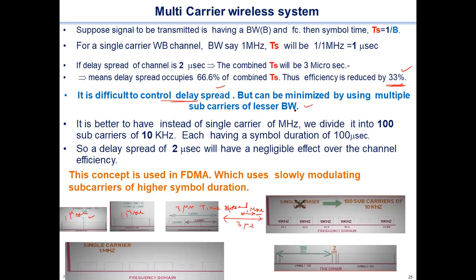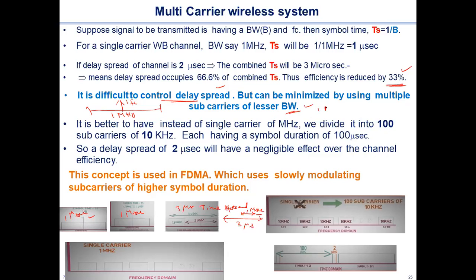What I do here, you can see here. So earlier I have a whole frequency spectrum like this, whose bandwidth is 1 megahertz, and I was using only one carrier, one FC. So because of this, I will have this kind of problem, this delay spread problem. So to get rid of this kind of problem, it is better to have, instead of a single carrier 1 megahertz, we divide it into 100 subcarriers of 10 kilohertz.